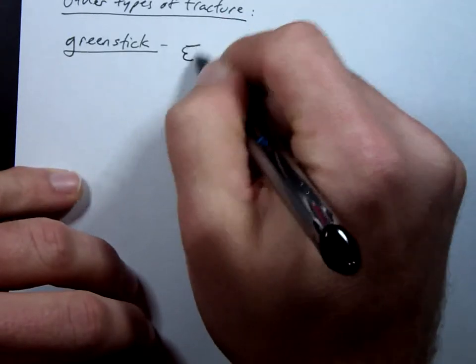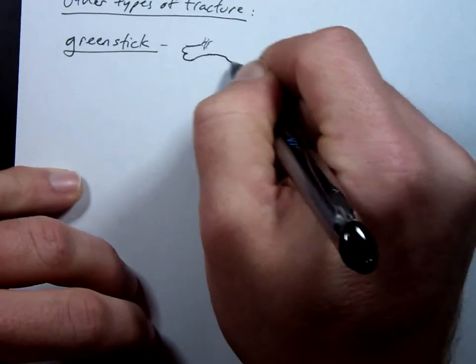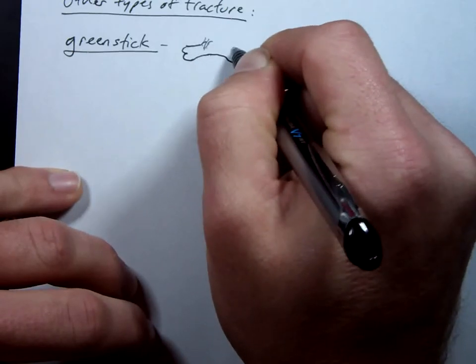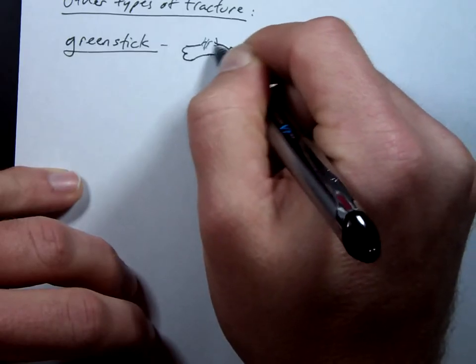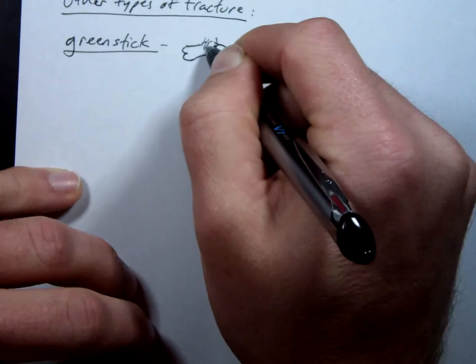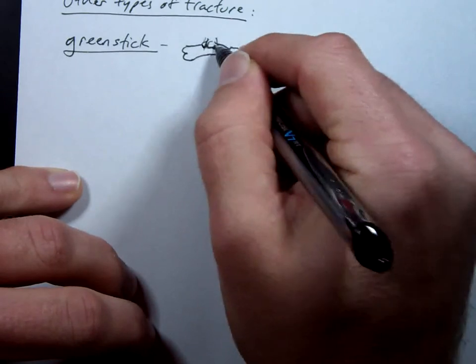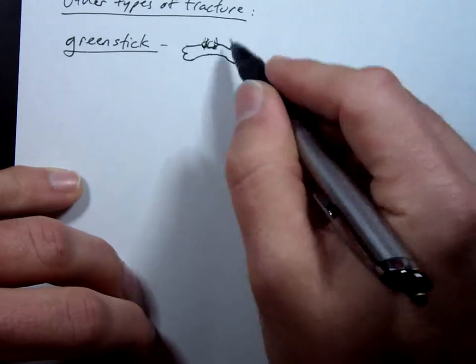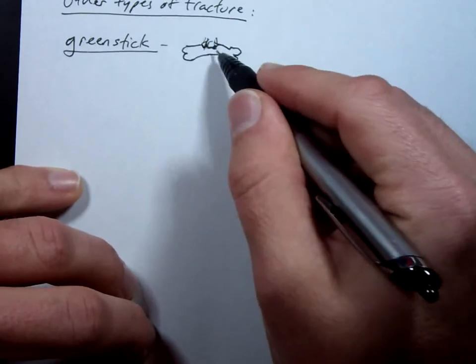Basically, you have a bone that is broken, but not all the way through. Is this simple or compound? This probably is going to be simple. There is the potential for bone shards to protrude through the skin with any type of these fractures. It's broken, but not all the way through.